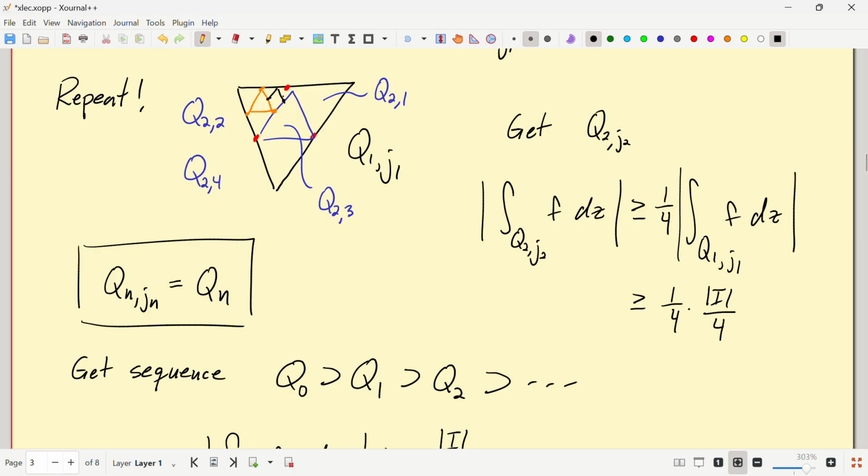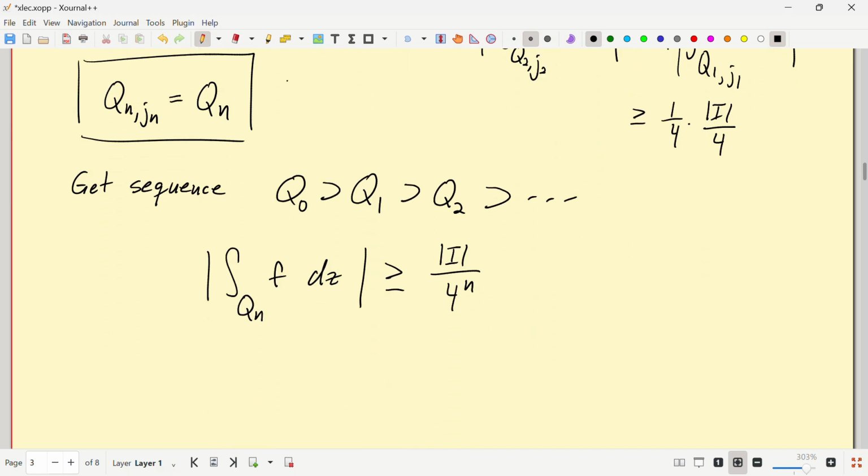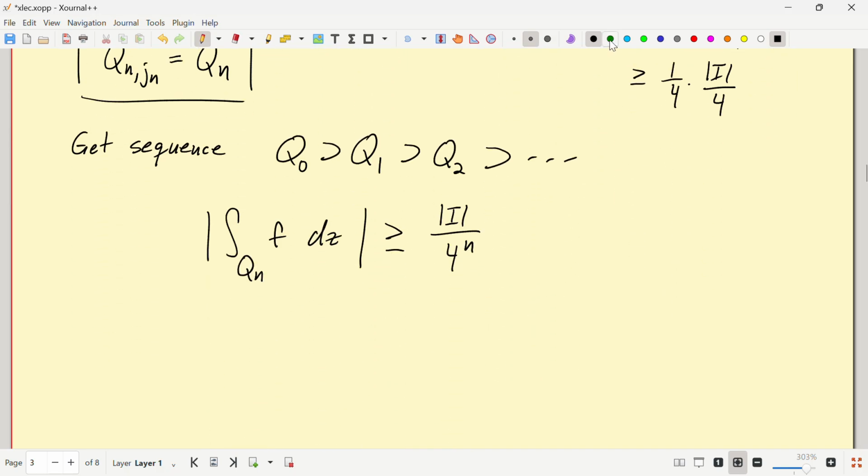And notice that they're contained in each other, and they're getting really small. Well, there's a famous topology lemma that if you ever took a topology class, you would have seen.